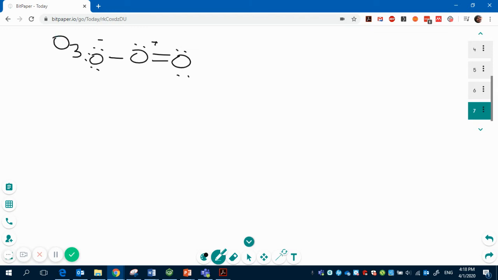And so there are 3 electron groups, so it's going to look like this. I've left out some of the bond angles in the other structures, but you can go back and add them in. In this case, it's pretty straightforward.